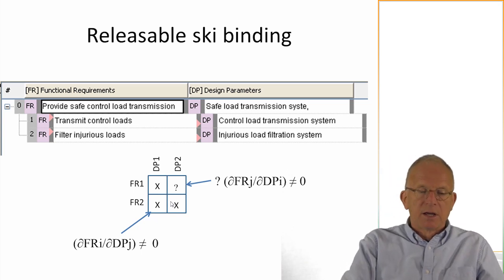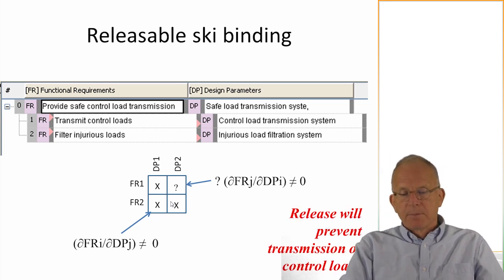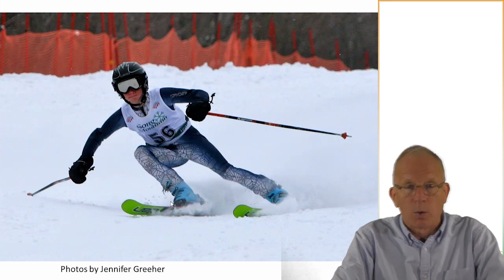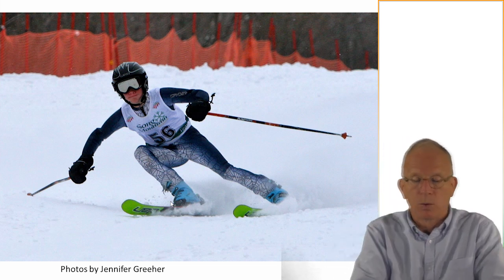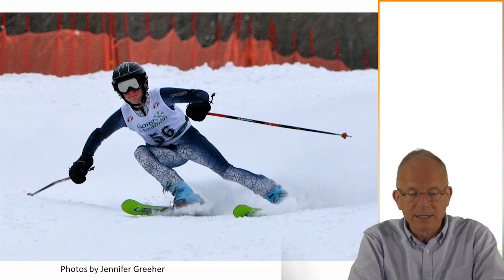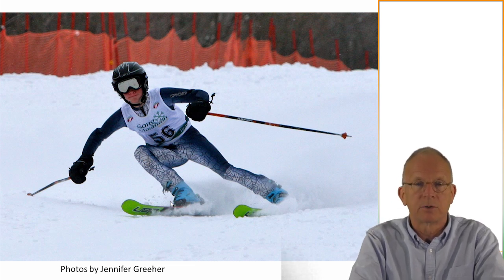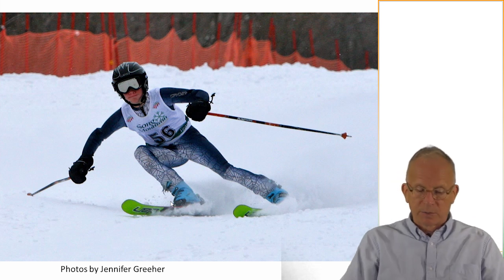If it does, we should have a concern there, because release will prevent transmission of control loads. So one question might be, would a ski binding ever release unintentionally when the leg is at no risk of injury, and then the subsequent loss of control might put the skier at risk of injury?